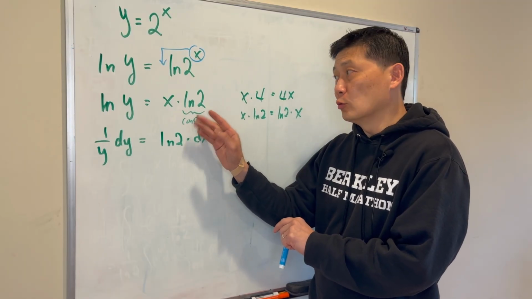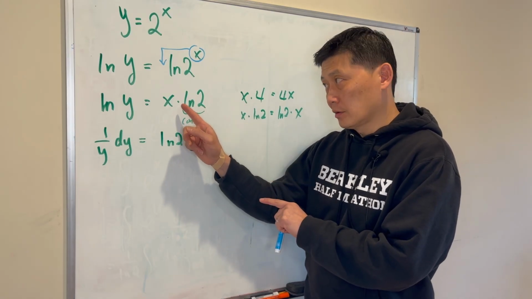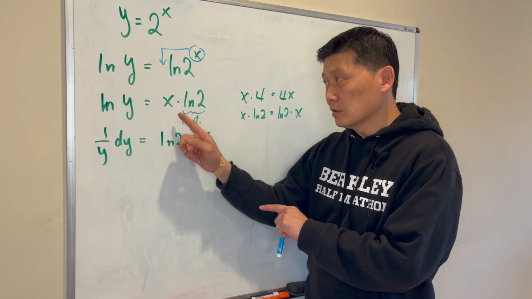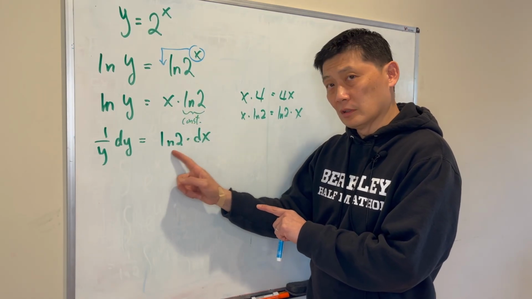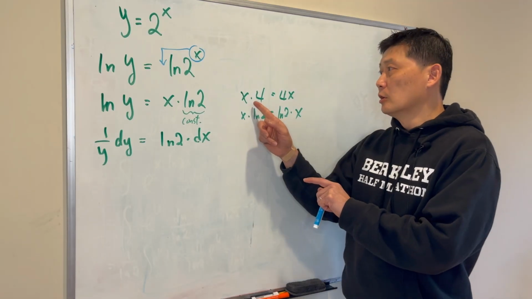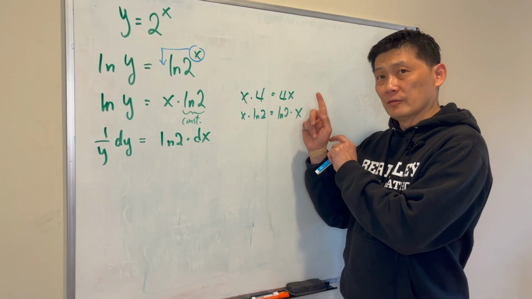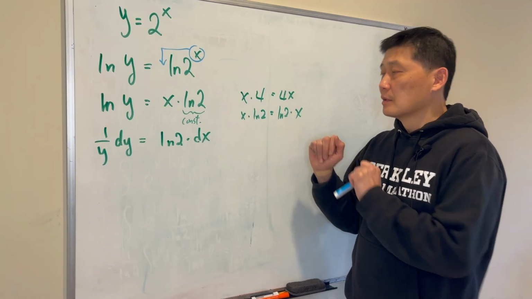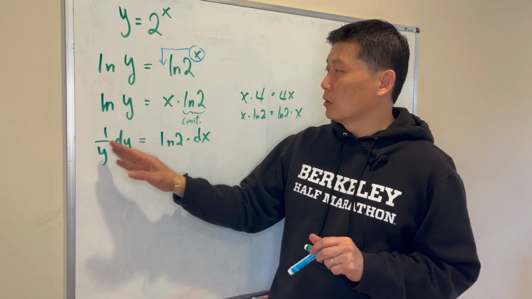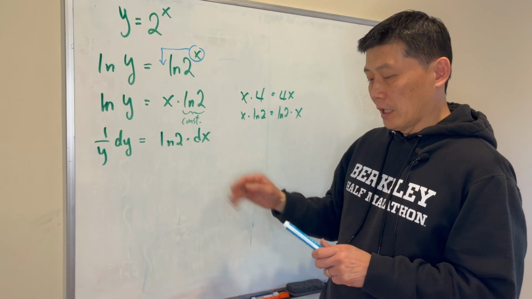So ln 2 is a number times an x. When you take the derivative with the power of 1, you just end up with that number. The same way we look at x times 4 equal to 4x. If I take the derivative of 4x, the derivative of 4x is 4, right? Does that make sense?